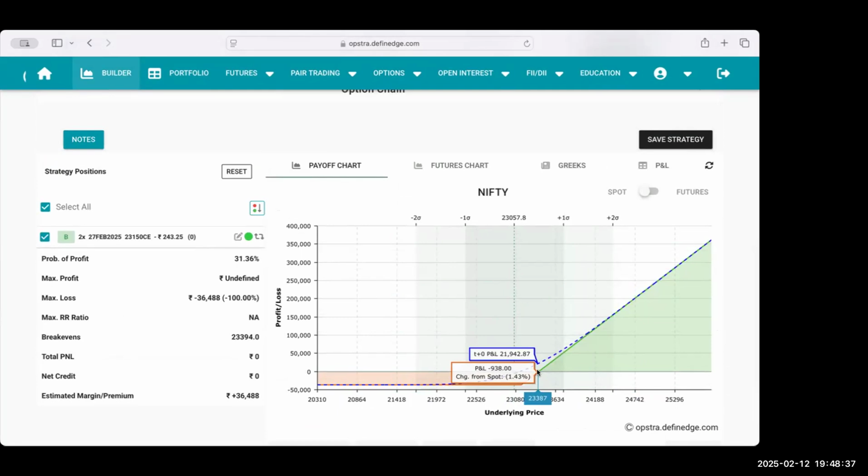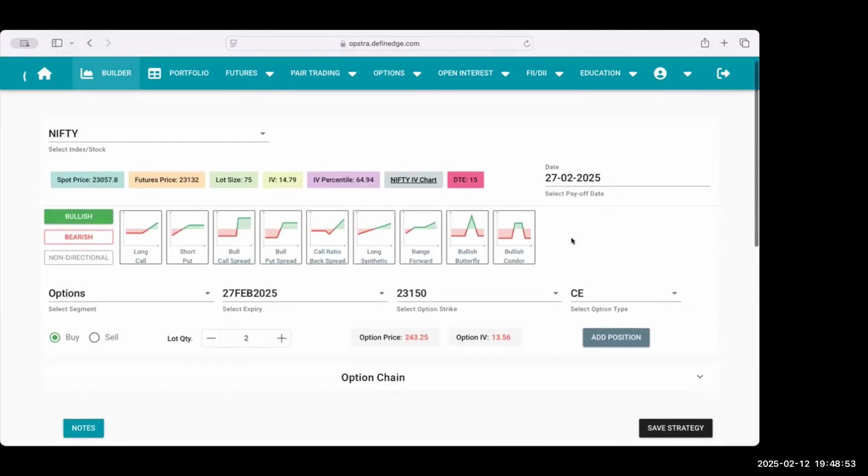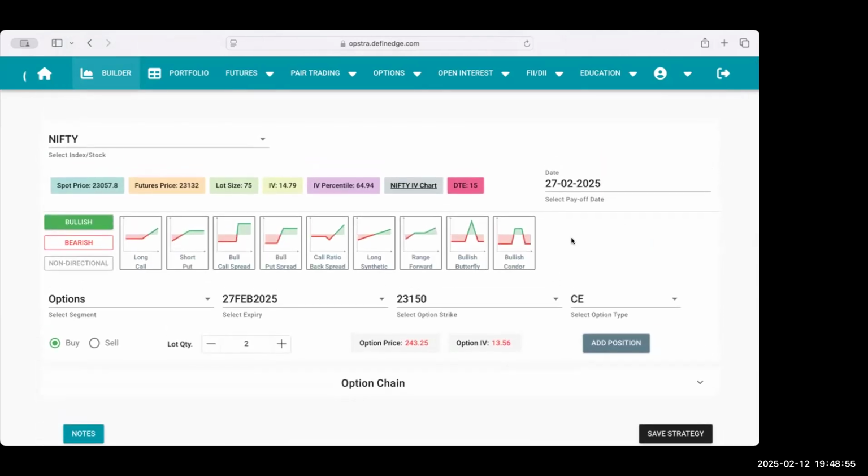If it goes 300 or 400 points, you might get 21,000 profit. If it comes back, you might lose profits. So observe this and try to learn option chains from here, because currently it is only learning time. We don't want to take any risk in the market because the market is not in a position to give money.